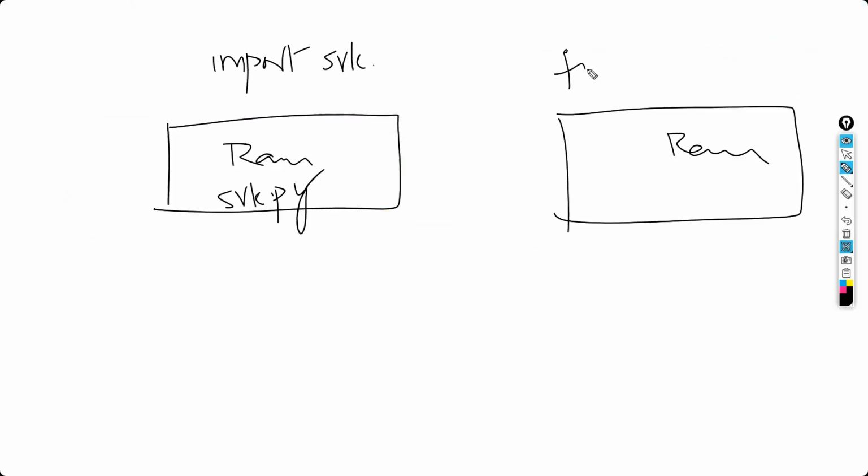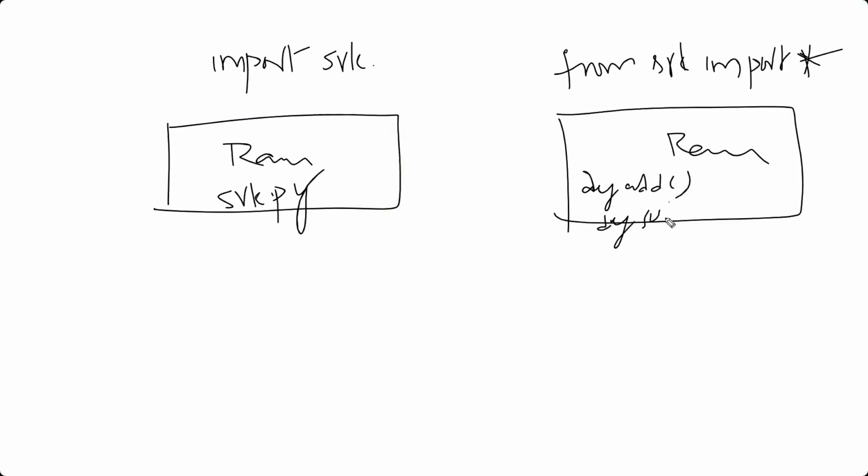When you write from srk import star, into your RAM you are going to get def of add, def of sub, def of mul, def of div. Like this, it will be stored in the RAM, not this one. Is the point clear?